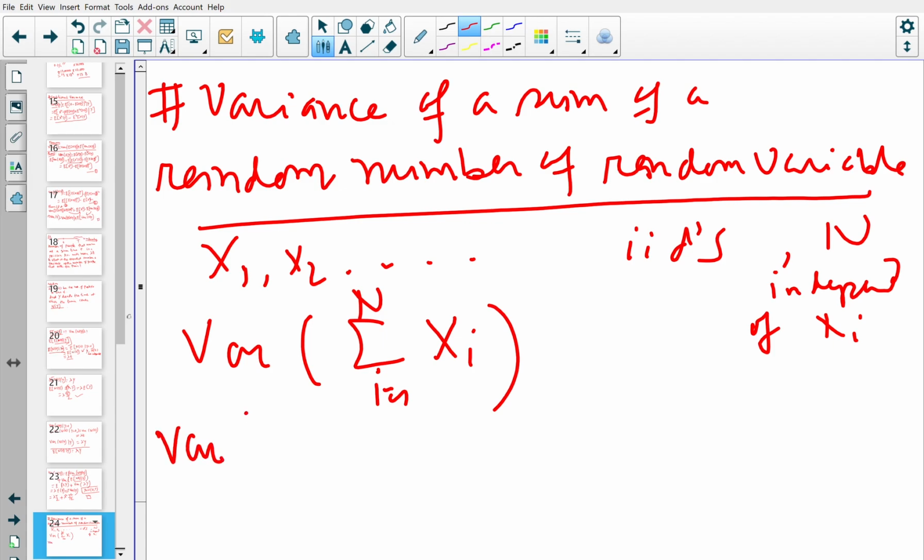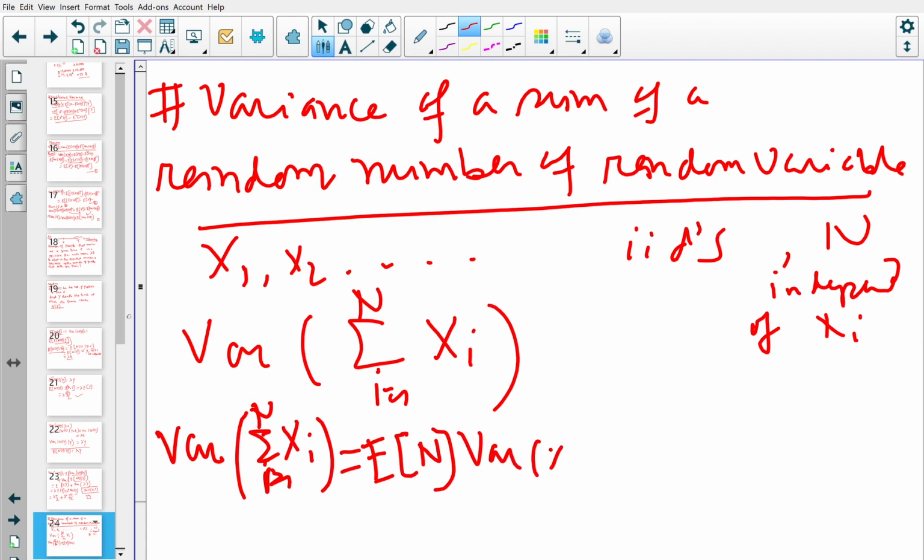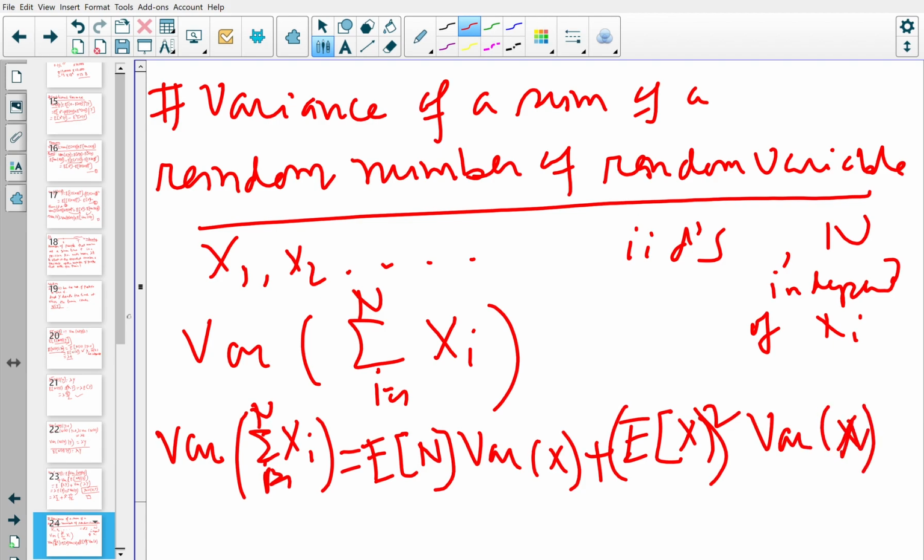The variance of the sum over i equal to 1 to N of Xi will be equal to the expectation of N times the variance of X, plus the expectation of X whole squared times the variance of N. You can easily compute this formula.